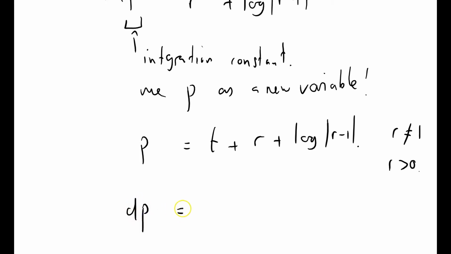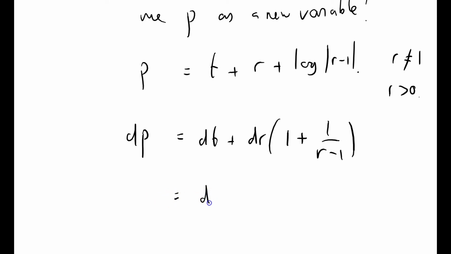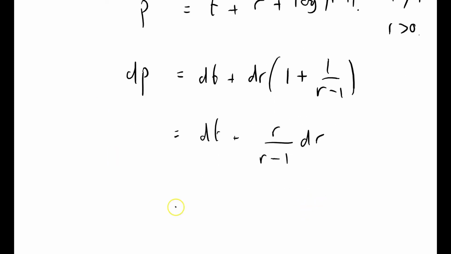So that tells me that dp equals dt plus dr times (1 plus 1 over (r minus 1)), which is dt plus r over (r minus 1) dr. Or, in a better format, dp equals dt plus 1 over (1 minus 1 over r) dr.